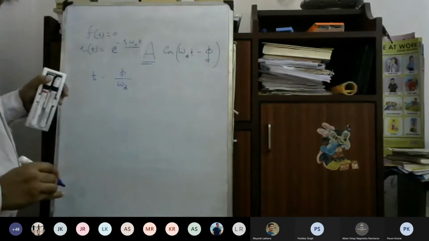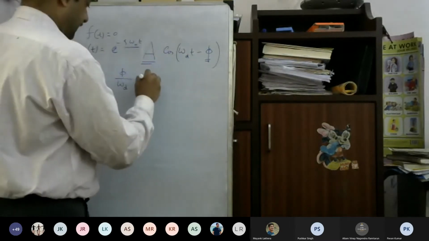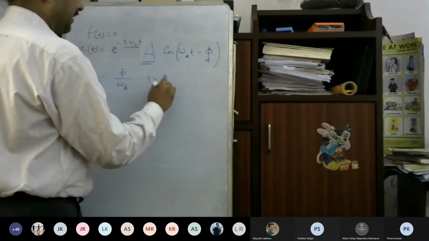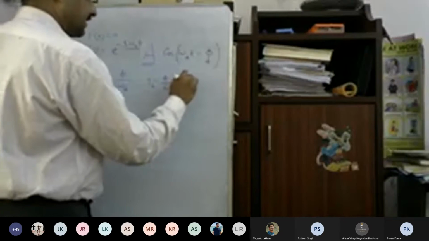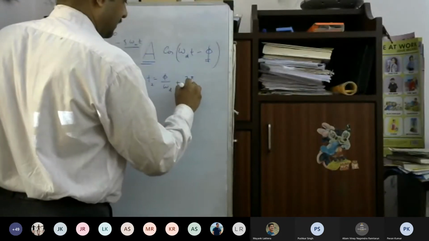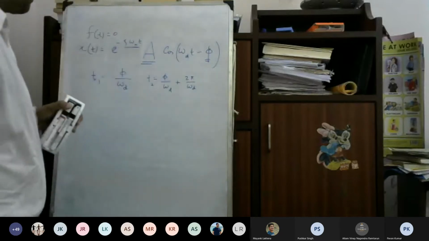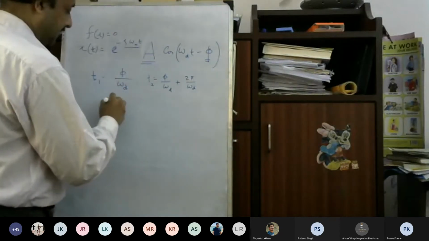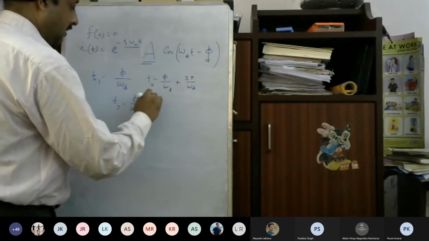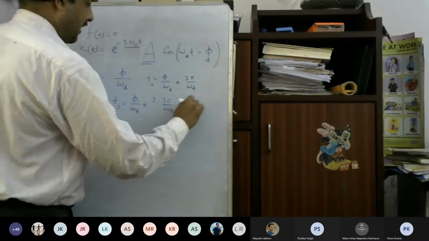So t equal to phi by omega d, and then t1, t2 equal to phi by omega d plus, let us say, 2 pi by omega d, and so on.